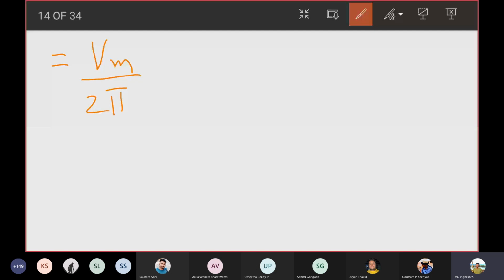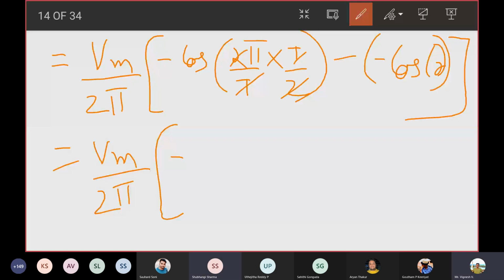Now I'm substituting the limits, T into T by 2, minus of minus cos 0. What is cos pi? Minus 1. And what is cos 0?